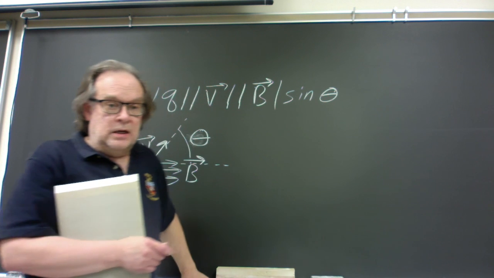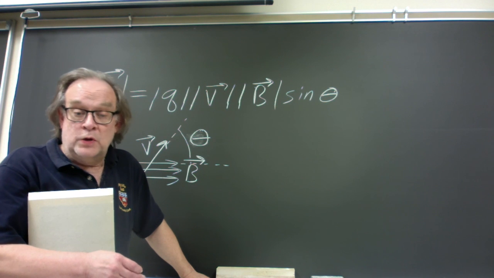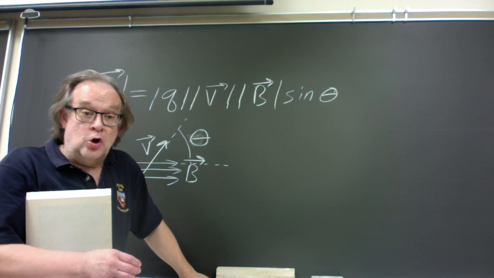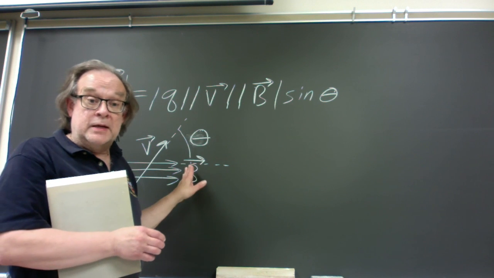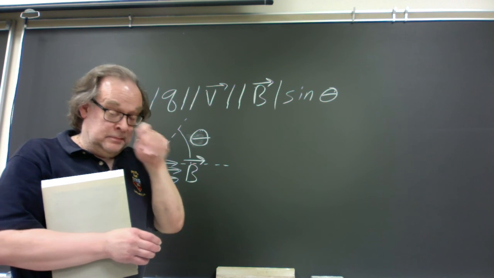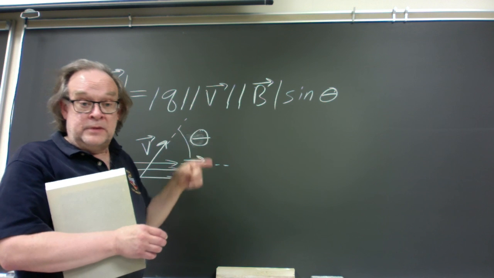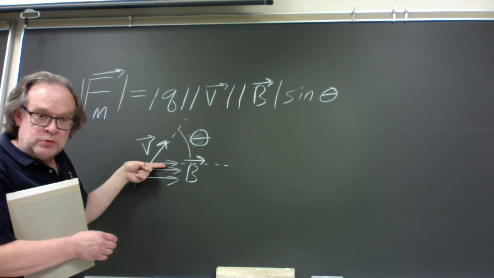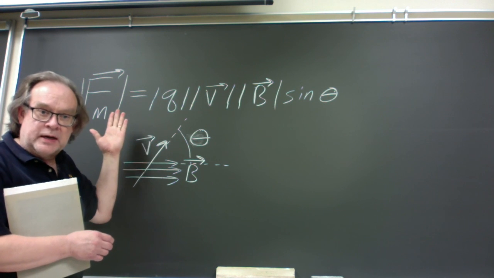Here, one thing that's strange about this, the magnetic force always comes out perpendicular to the magnetic field and perpendicular to the velocity. That is, a line like this representing a magnetic field line, and then a second line defines a plane.